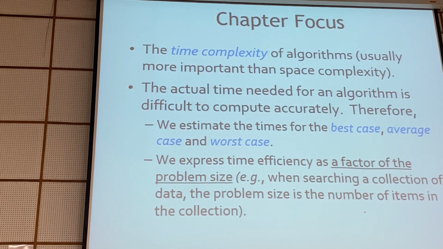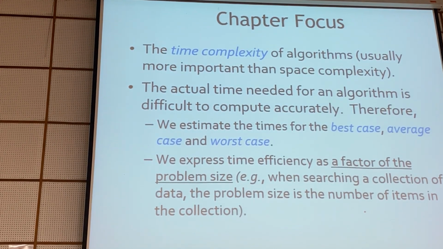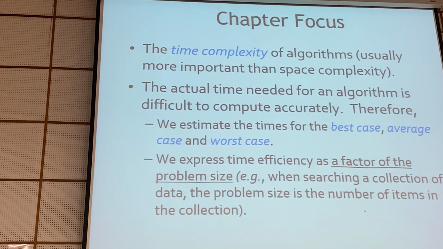That is best case, average case, and worst case. We express time efficiency as a factor of problem size when searching a collection of data. The problem size is the number of items in the collection.